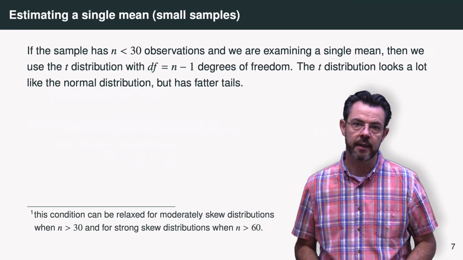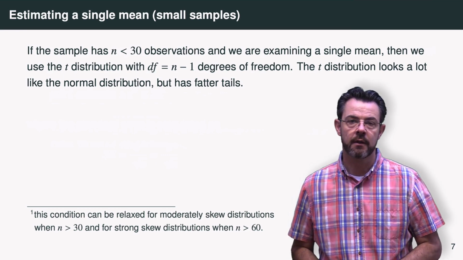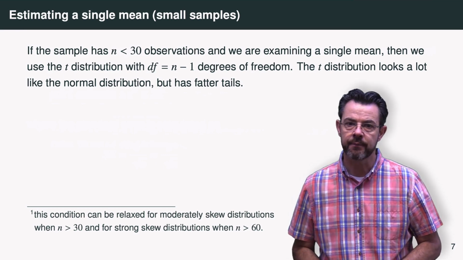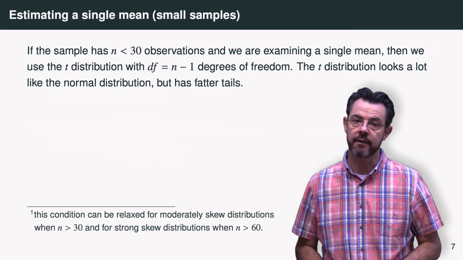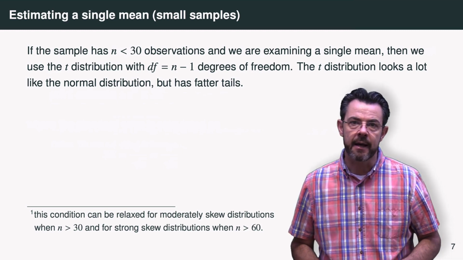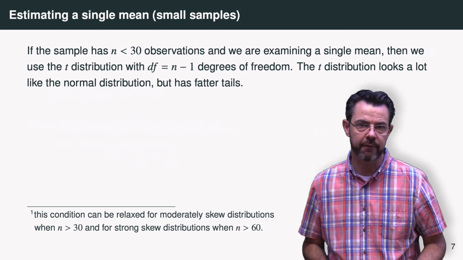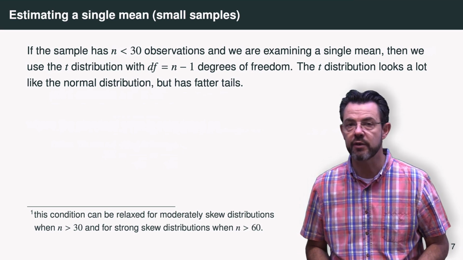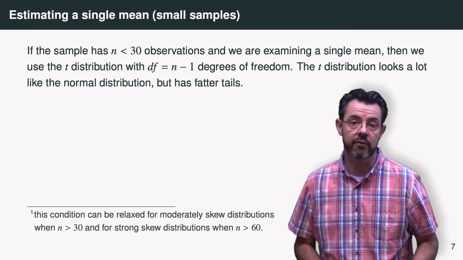All right, now, if you only have small samples, meaning n is smaller than 30, and we want to estimate a single mean, then we're going to use a t-distribution with n minus 1 degrees of freedom. So df will denote degrees of freedom, and if you have 10 samples, then you will use 9 degrees of freedom.